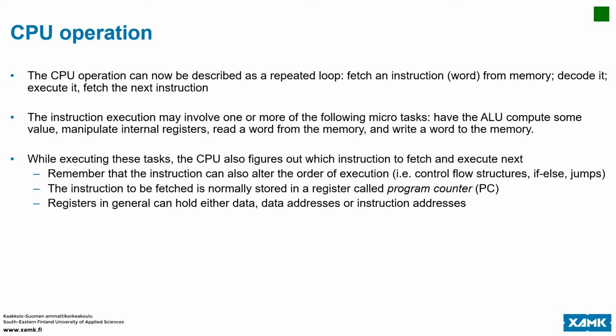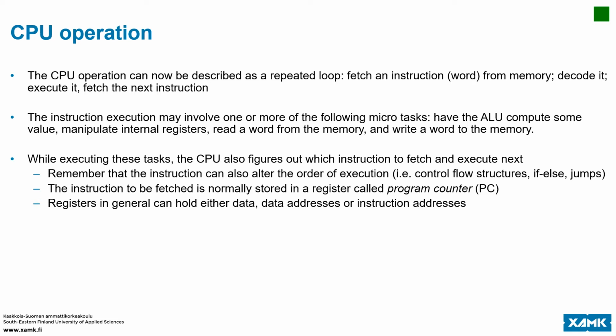Remember, the computer operates on a certain word length, a certain bit size: 64 bits in modern computers, 32 in older computers, and in our Hack training platform, 16 bits. Then this instruction gets decoded, executed, and finally the CPU fetches the next instruction.